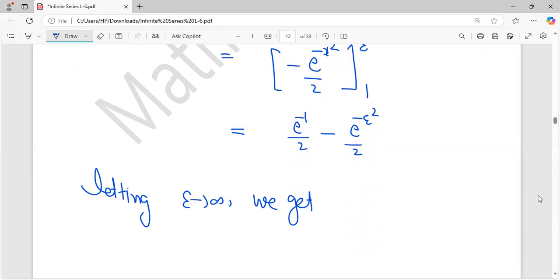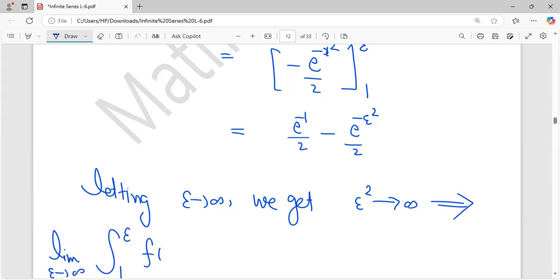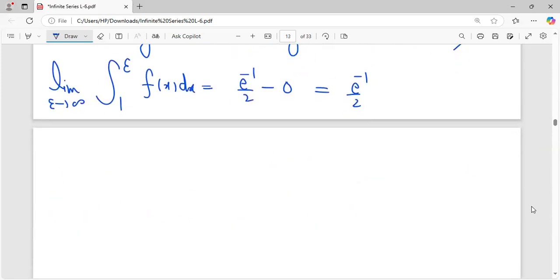So as epsilon tends to infinity, this integral from 1 to epsilon is nothing but e to the power minus 1 upon 2, and the other term will be 0. Okay. So this implies the integral from 1 to infinity f(x) dx is convergent.